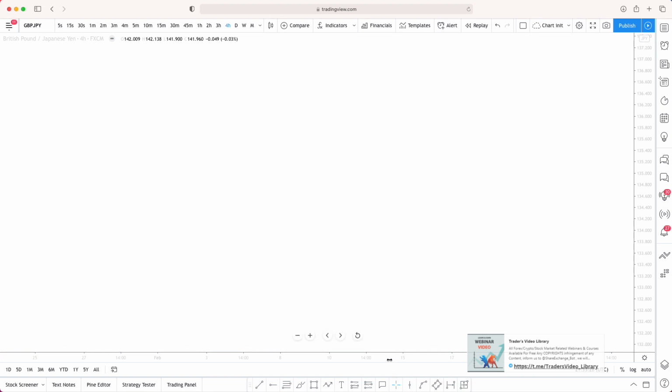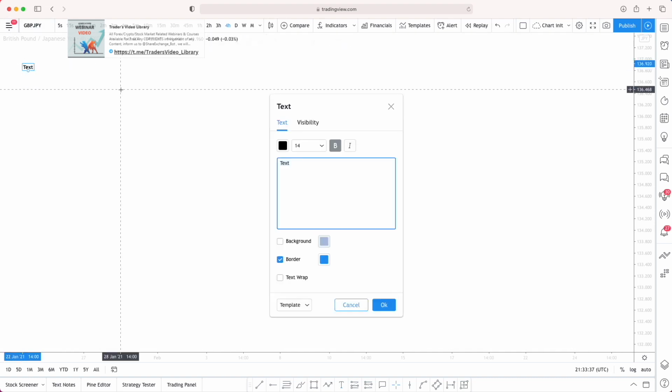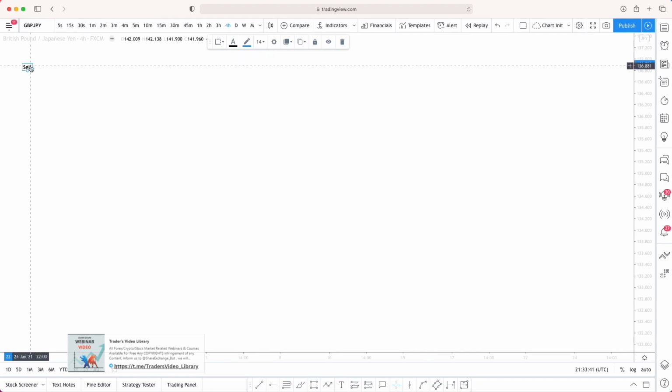Now before we get there, our entry criteria: we have two patterns for a buy and two patterns for a sell. Okay, so for a sell, we have two patterns.